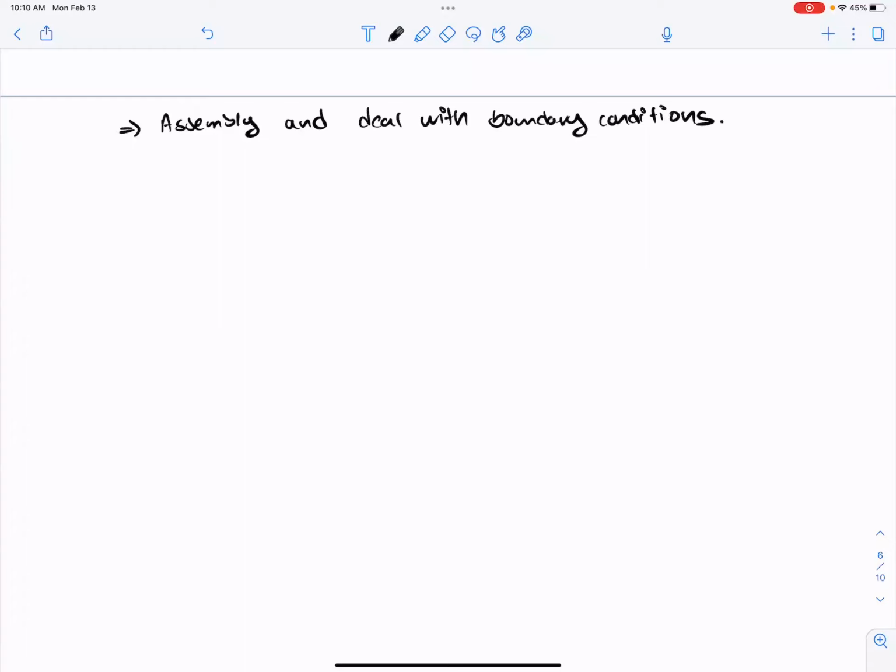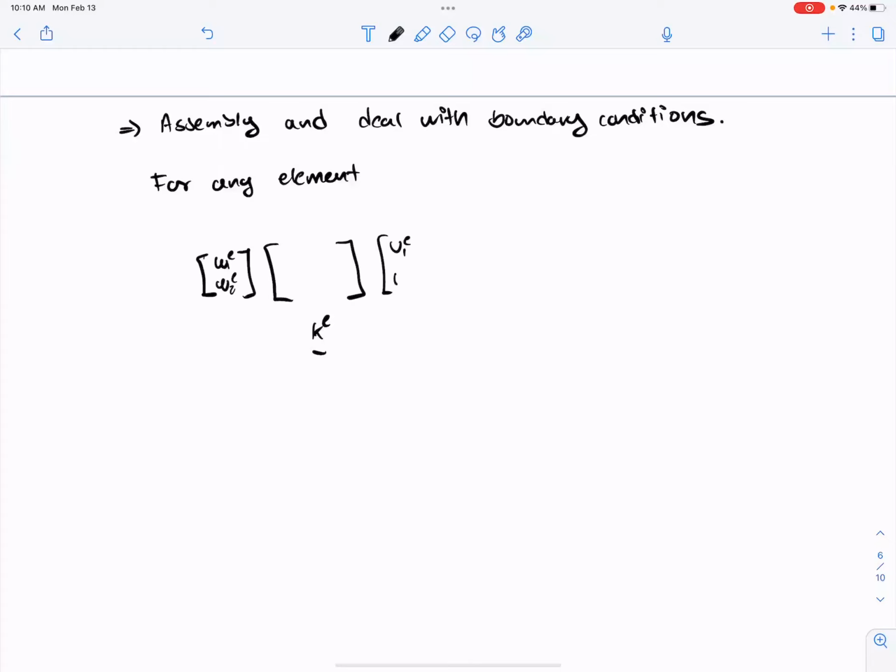So what we have up to now is that for any given element, we can get the vector of the W's. Then we can get the stiffness matrix. And we can get the vector of the U's.